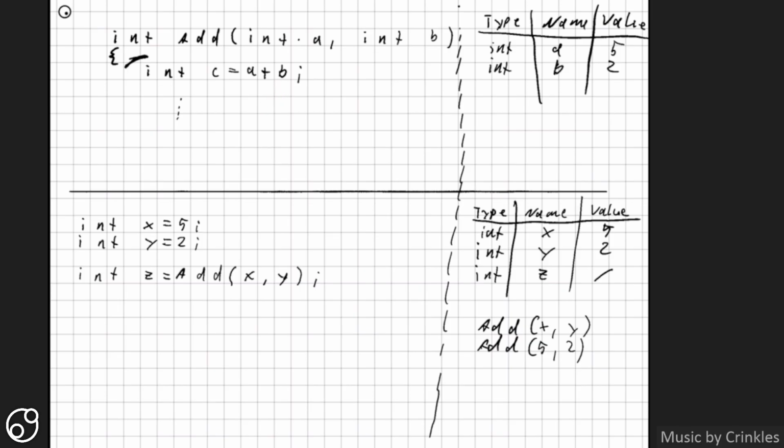Now we're going to execute our code, which is integer c gets declared, and then we are going to make the operation a plus b and initialize the value to 7. Okay, what now? What is the magic code that I didn't write down here? Well, we're going to have to jump back to this code, right?